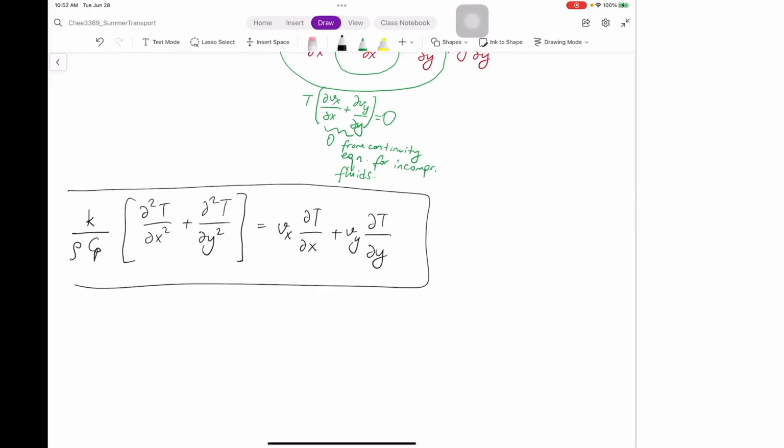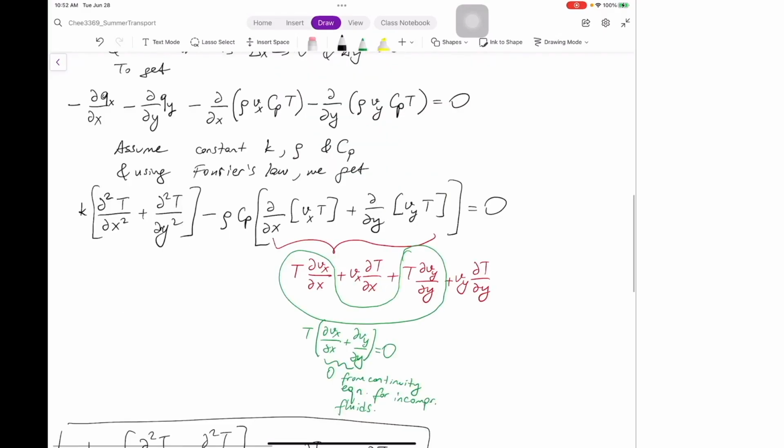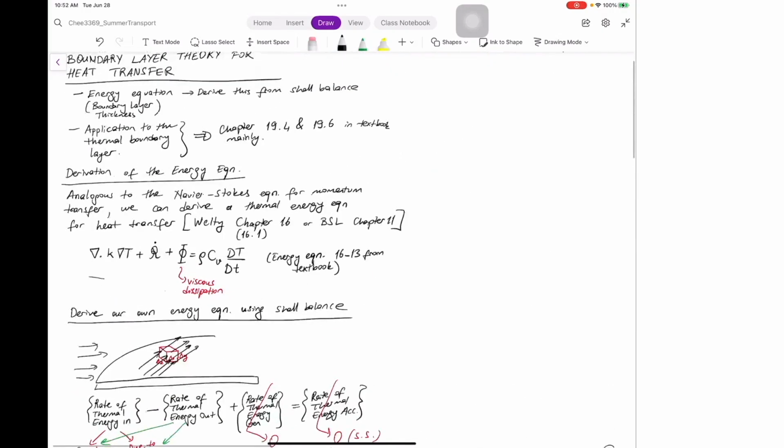So this is our heat equation. You can actually get exactly the same equation if you start from this and simplify by, for example, neglecting the R dot term, assuming K is constant. Instead of del's, you write down the Cartesian coordinate representation of the gradients, and so on. Okay.